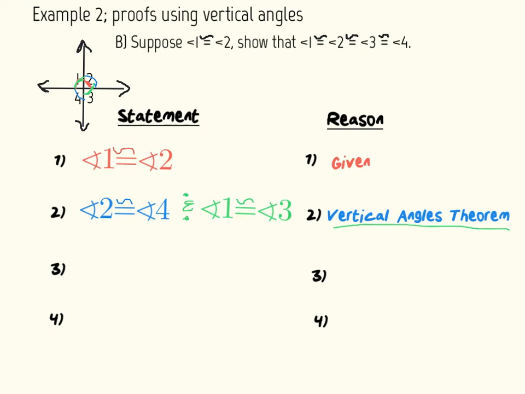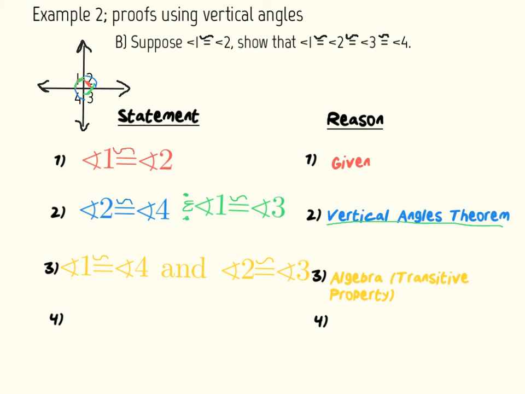The next step is to do some mixing and matching with the algebraic transitive property. Since everything has congruence to each other, then we can mix and match and use algebra to solve. So therefore, angle 1 is congruent to angle 4, and angle 2 is congruent to angle 3 by algebra, the transitive property, and just setting the different ones congruent to each other.